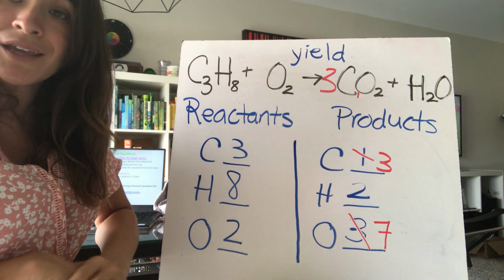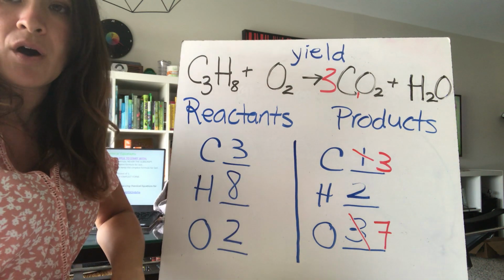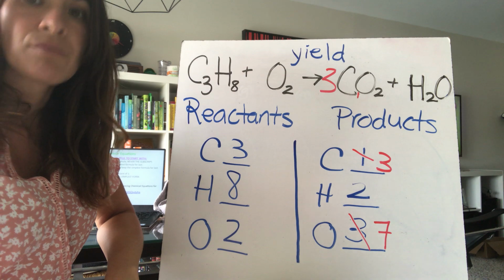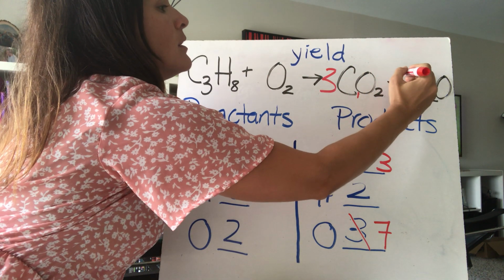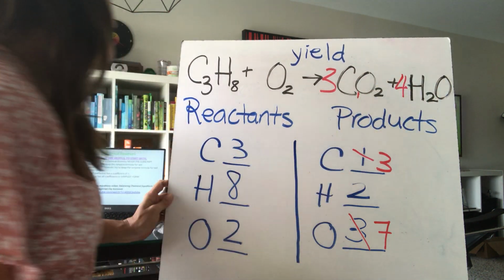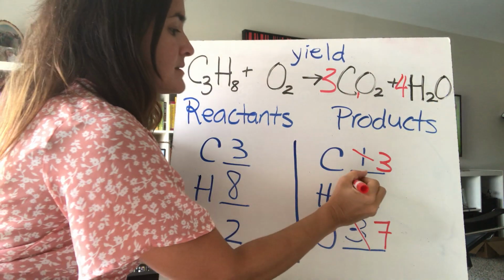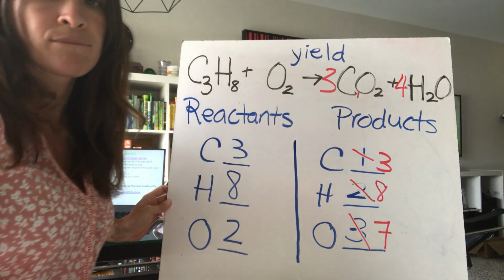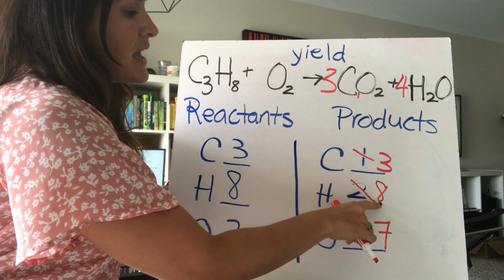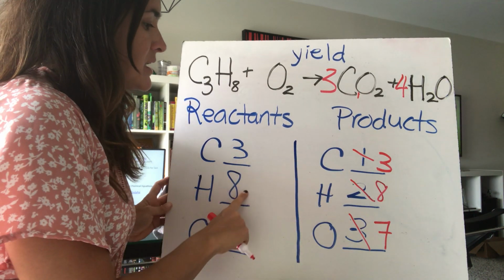Is there something I can do to equal the amount of hydrogens? I can put a 4 here. 4 times 2 gives me 8. So now I have 8 hydrogens and 3 carbons, just like here.